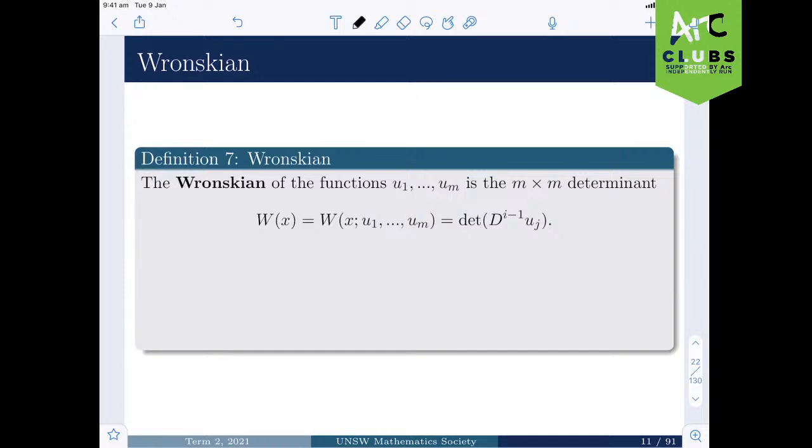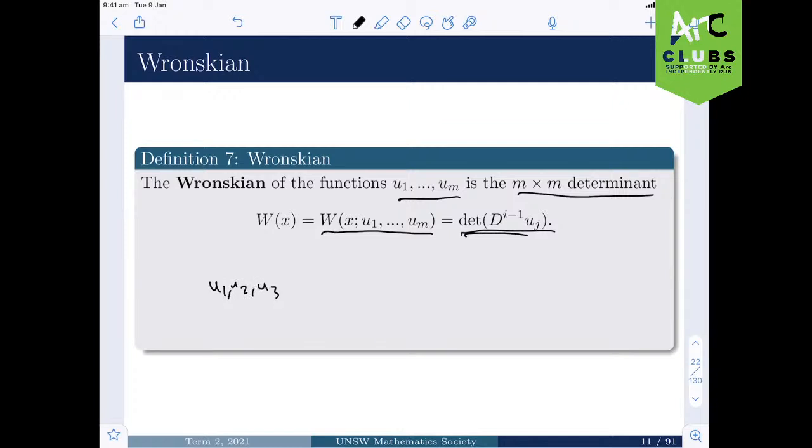So the definition is the Wronskian of the functions u1 to um is the m by m determinant, W(x) equals this massive thing. All this actually means is, let's say we had three of them, u1, u2, u3, so m equals 3.